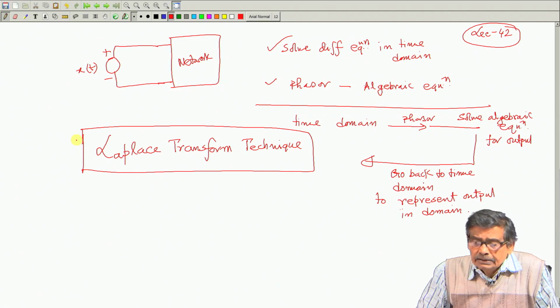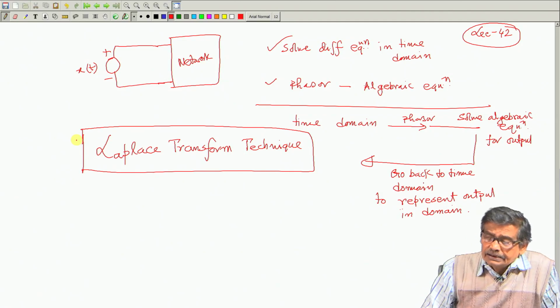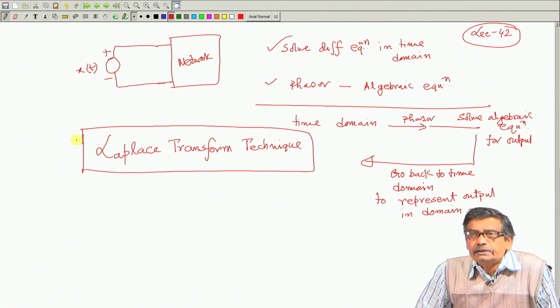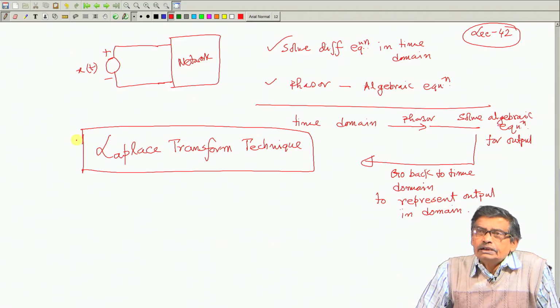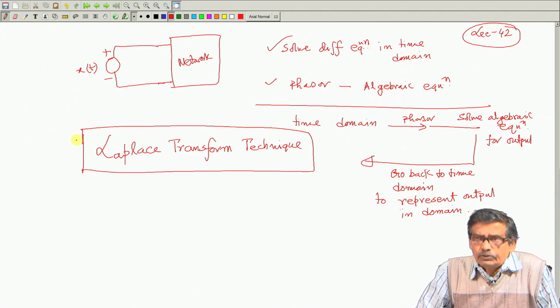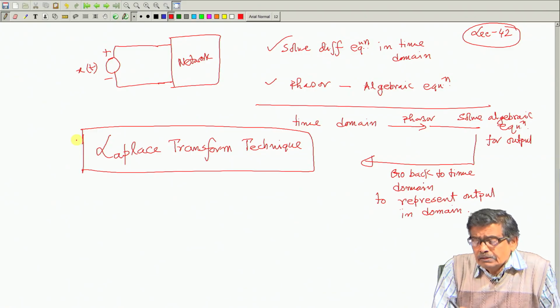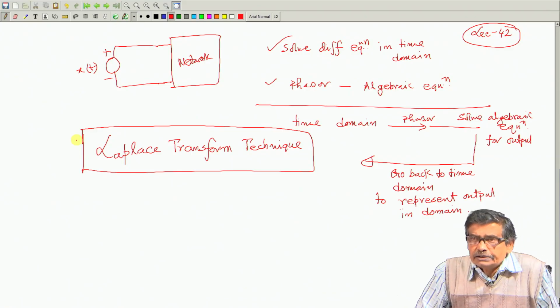We will see that the Laplace transform technique is once again a technique where the differential equations will be converted to some algebraic equation in what is known as the S domain, and then you solve for the output and you will get the Laplace transform of the output, and finally take the inverse transform to get the time domain expression.